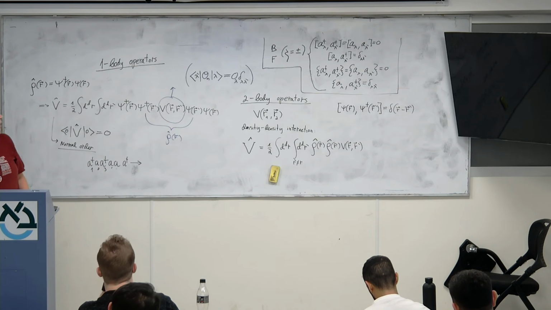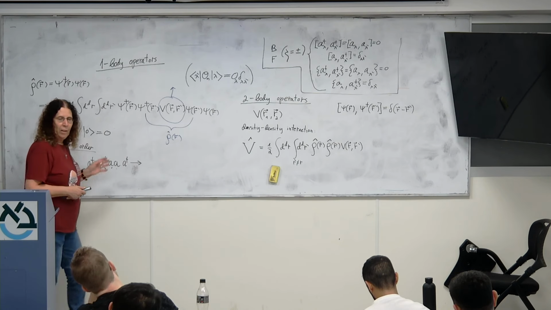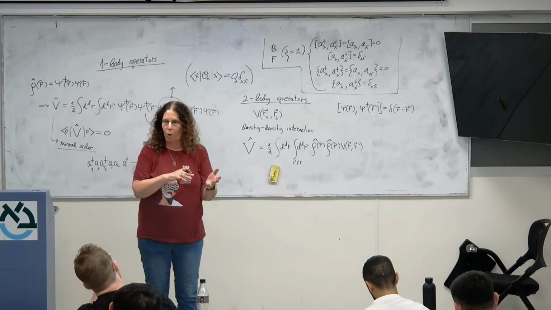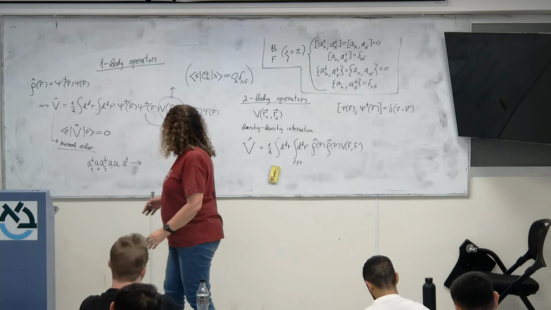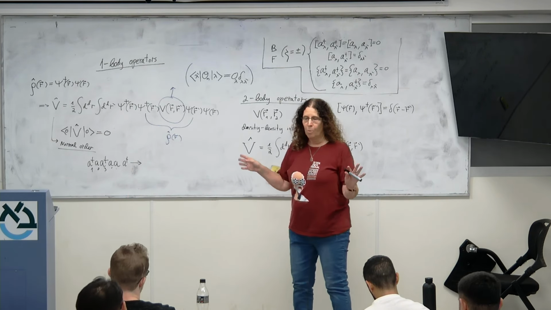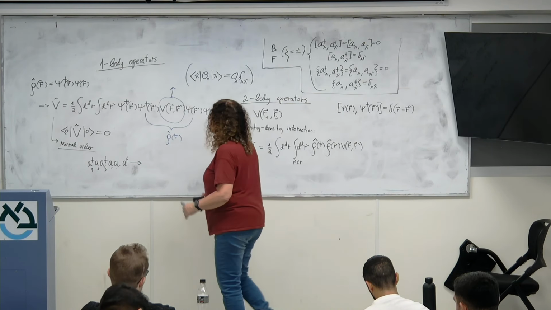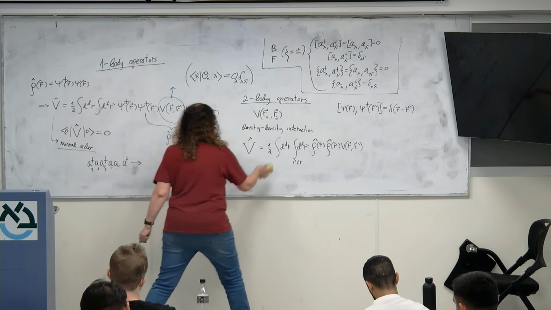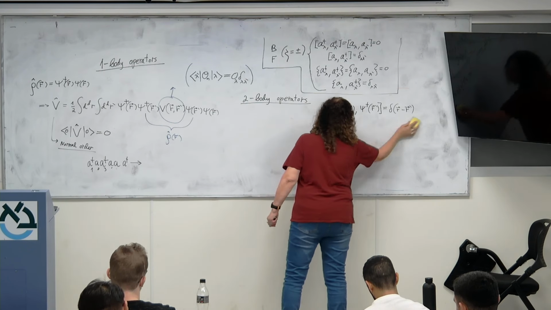We want a more general form, and the way to do it is exactly the same as what we did before when we go from lambda to mu, just change of basis. Just use the same formulas for change of basis. I will not go through it. Let me just write the final result. This will be the most general form of a two-body operator.